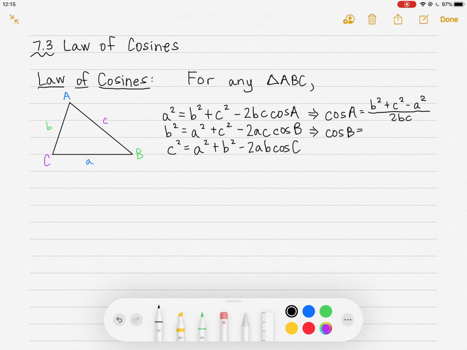Cosine of big B. Again, to get to these formulas, just algebraic manipulation of the other side.